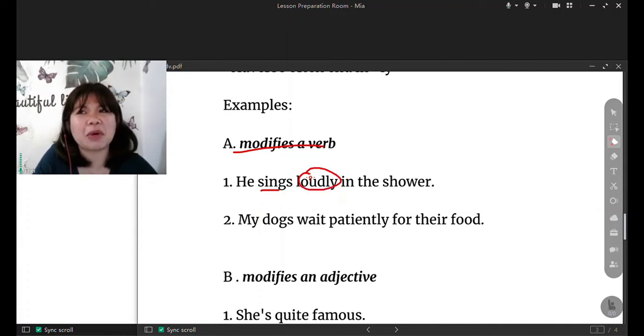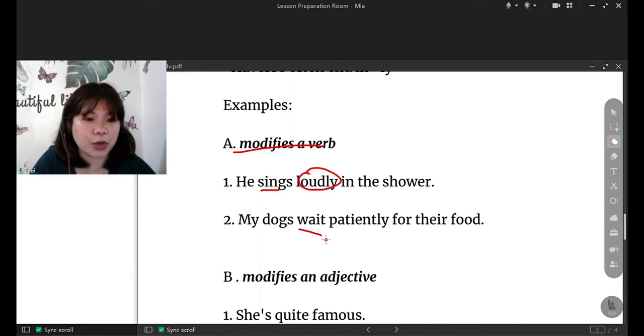He sings in the shower. But since there's an adverb, oh my goodness, I can hear his voice even here outside the house because he sings loudly in the shower. Okay? So now, what about number two? My dogs wait patiently for their food.